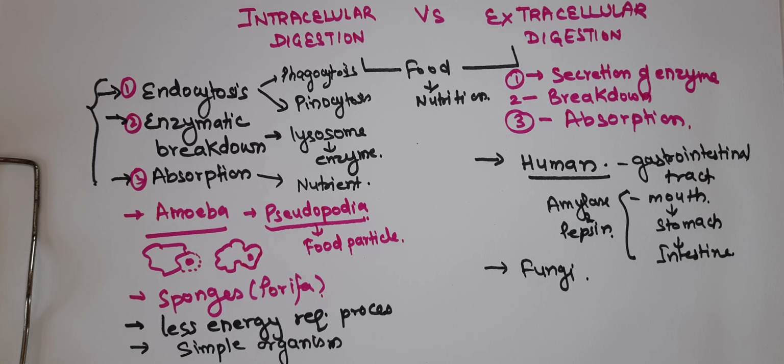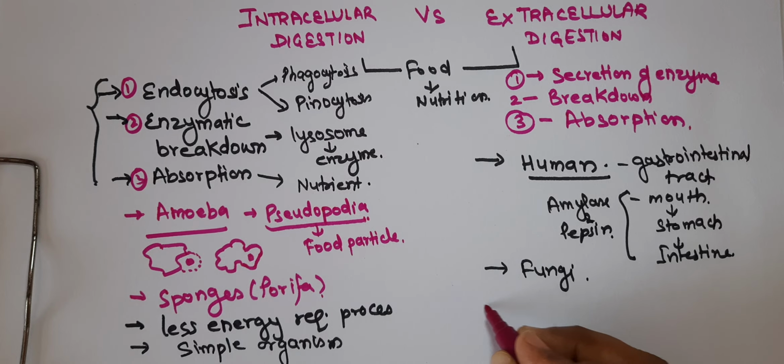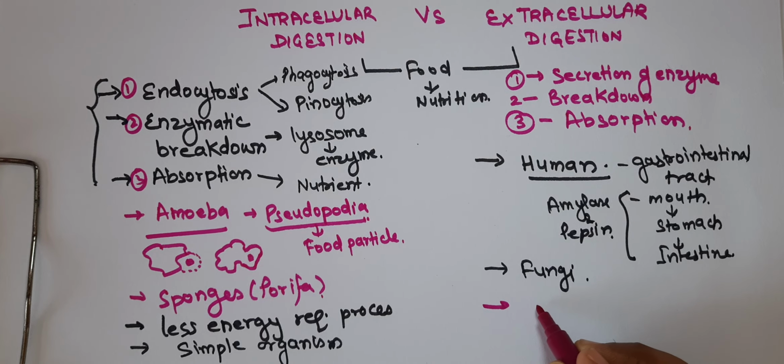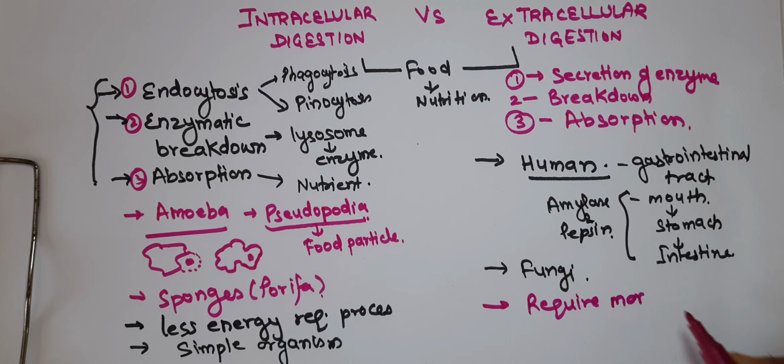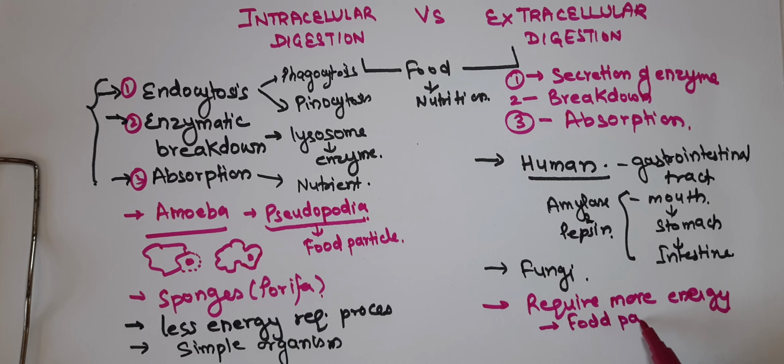If we talk about the advantages of extracellular digestion, students, it requires more energy, but it can handle large complex food particles, and this also facilitates specialization and organ development.